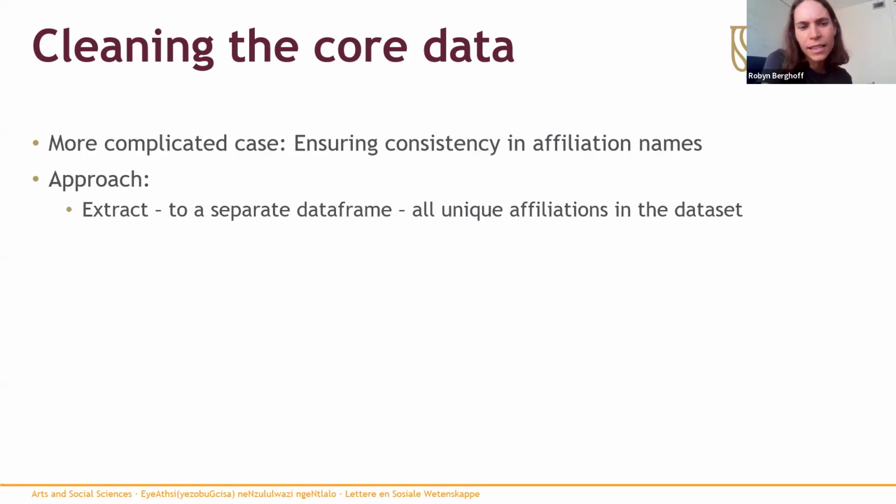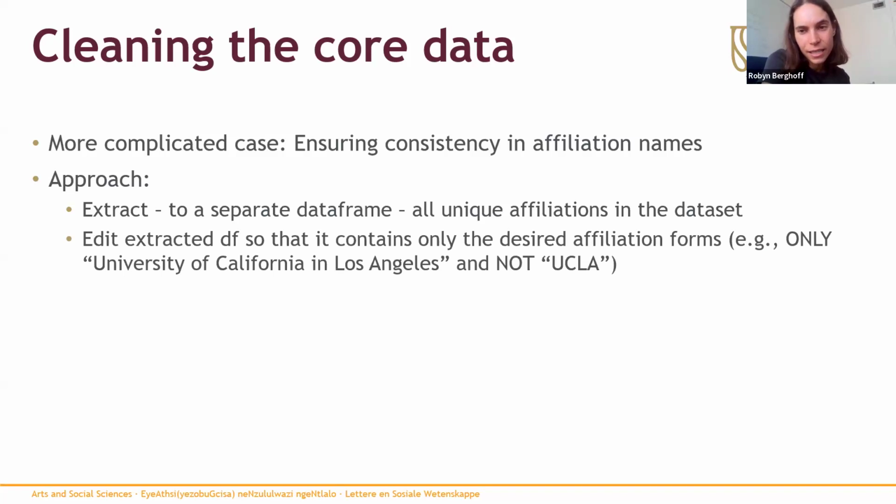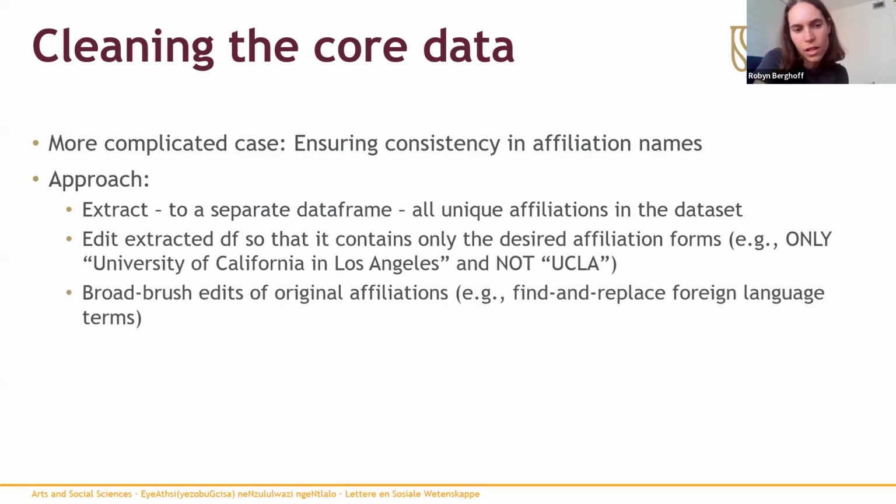But what we ended up doing was to take all the unique affiliations in the data set and extract them to a separate data frame, and then edit that extracted data frame so that it would contain only the desired labels for a particular institution, right? So perhaps it would include only University of California in Los Angeles and not UCLA as well.